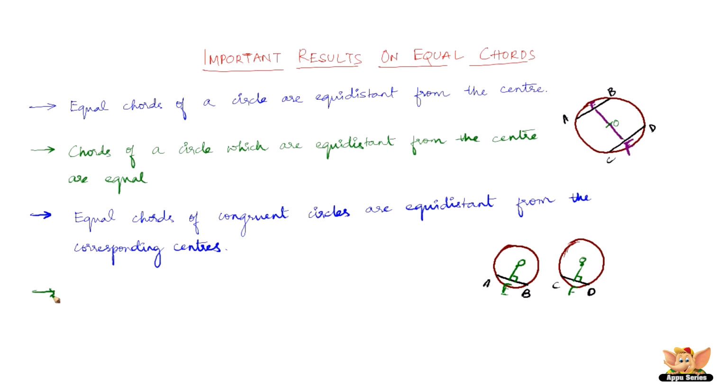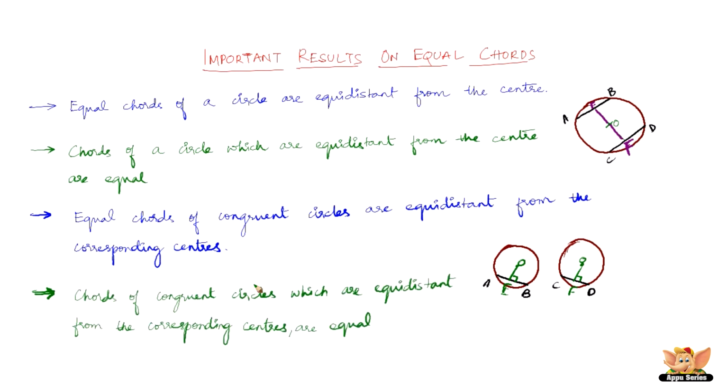Now let us go to the next property, which is again not going to be very different from the one that we just did. It's kind of the reverse way of looking at this property. Chords of congruent circles which are equidistant from the corresponding centers are equal. Now the same two figures, let's look at them in a different way.